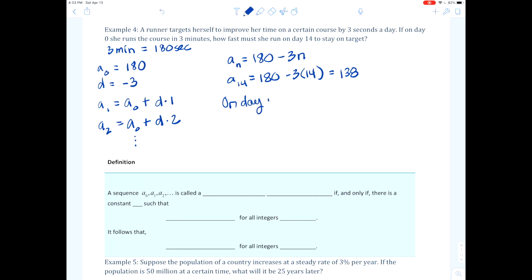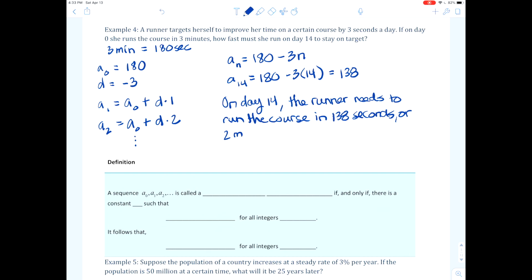So in conclusion, on day 14, the runner needs to run the course in 138 seconds, or 2 minutes.